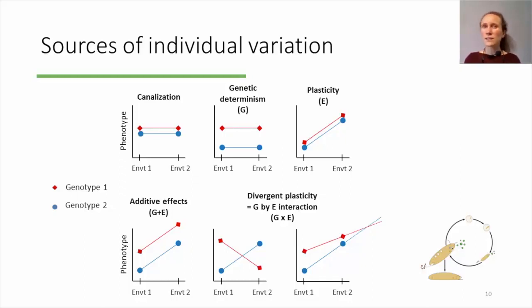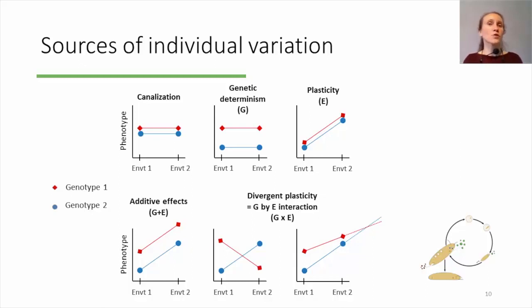In that case, you may see that genes make little difference, so the blue and red genotypes have the same value. But the lines are not flat, so they respond to the environment and have different values for different environments. And one example is sex determination in other groups such as chelonians and other reptiles, where temperature plays a huge role in sex determination.